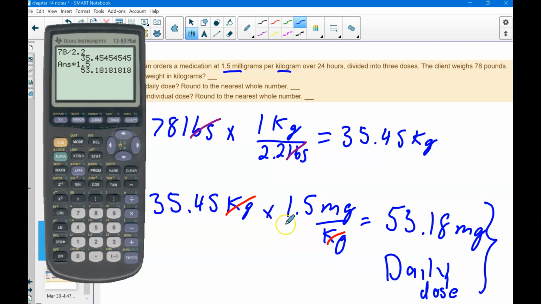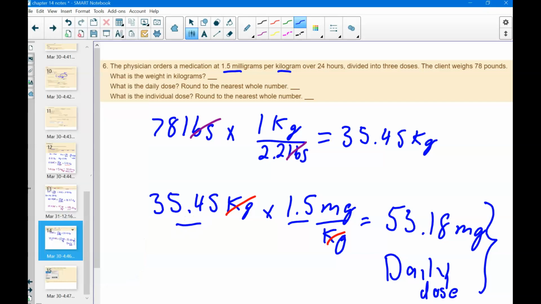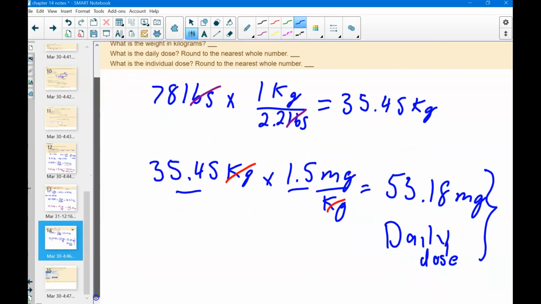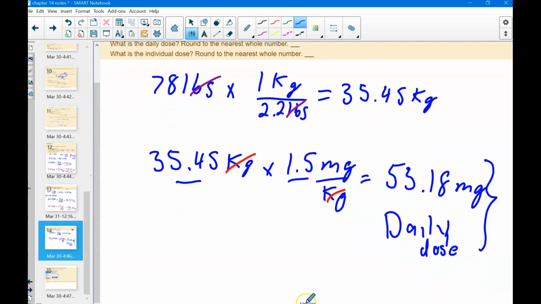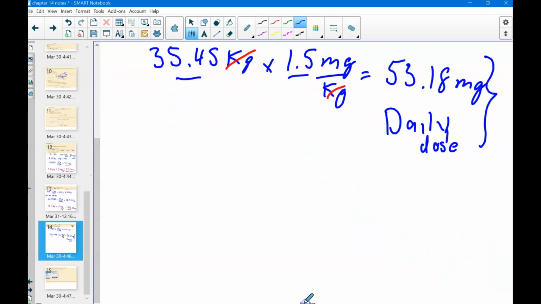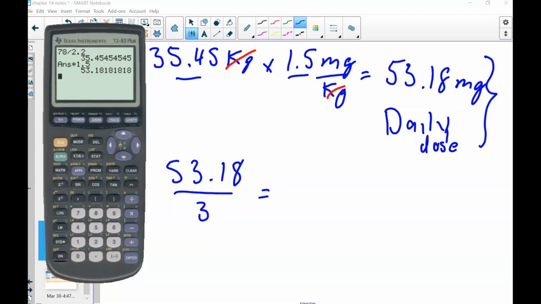Because it's 1.5 milligrams per kilogram for all the kilograms. But that's to be administered 3 times a day. So we have 53.18 divided by 3 doses per day. It's the easiest way to do it.